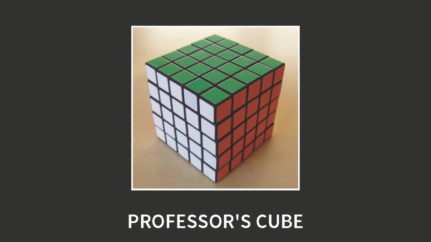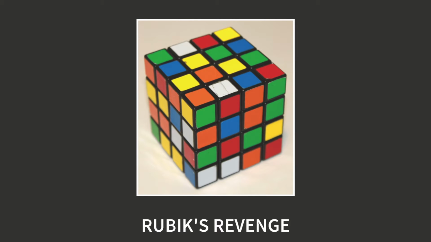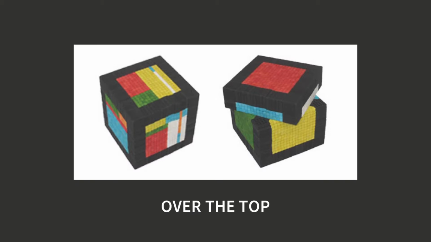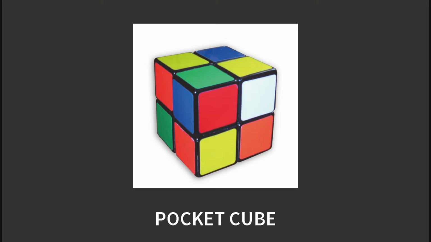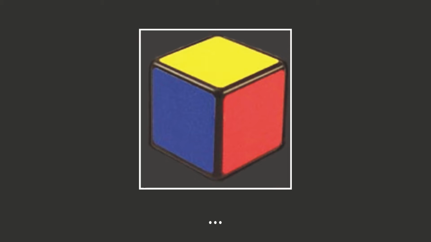A Rubik's Cube has many variations, like Rubik's Revenge, which is a 4 times 4 times 4 cube, and this is the Professor's Cube, which is 5, and the biggest one is the Over the Top cube, which is 17 times 17 times 17, and don't forget the 2 times 2 and 1 by 1.